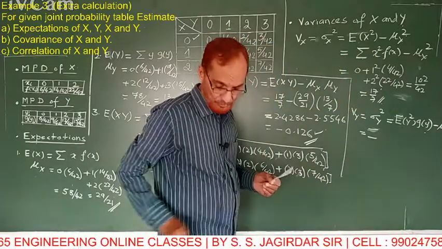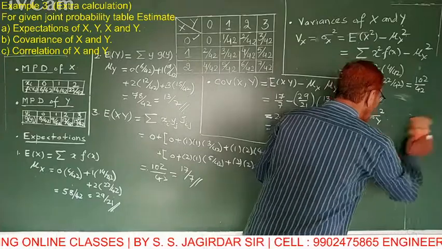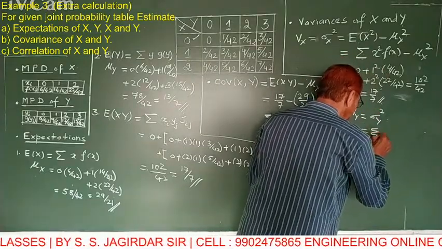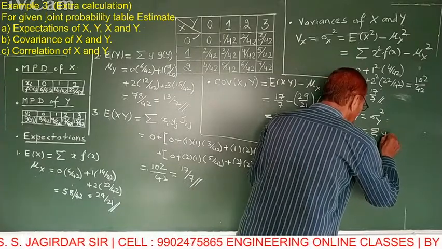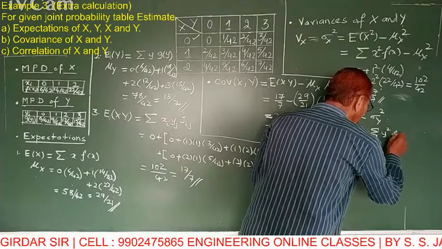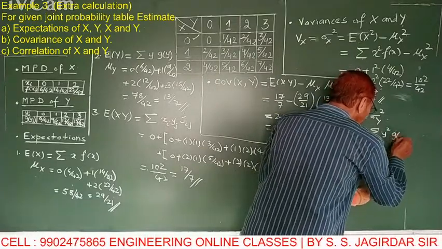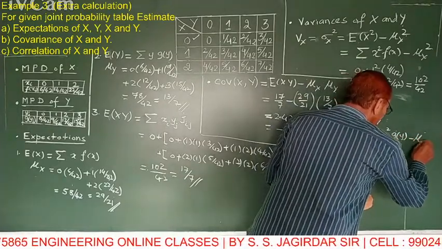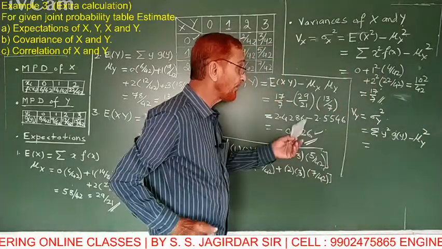That is equal to the sum of Y square into g of y, minus mu of y square. This is the formula for variance.